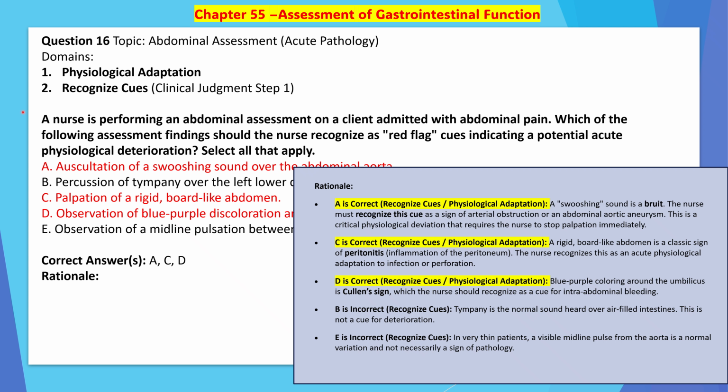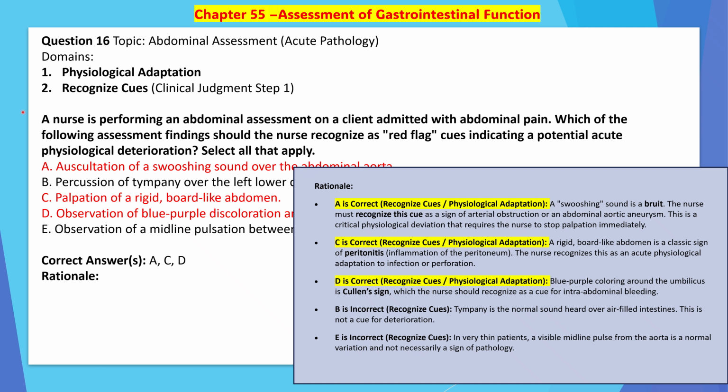The nurse must recognize this cue as a sign of arterial obstruction or abdominal aortic aneurysm. So this is a critical physiological deviation that requires the nurse to stop palpation immediately.